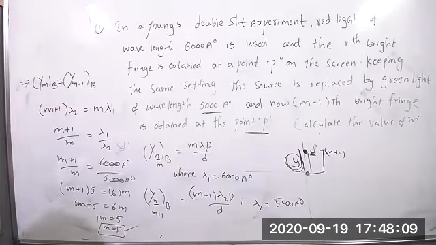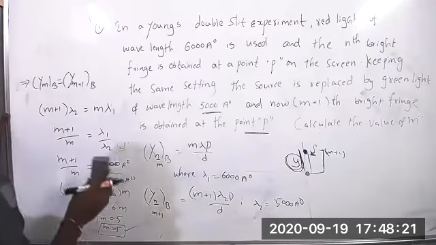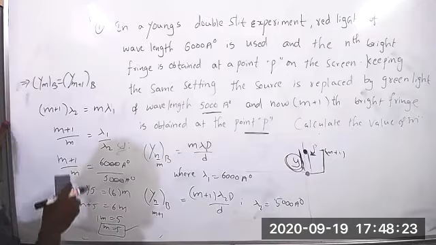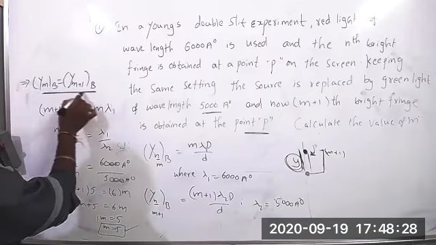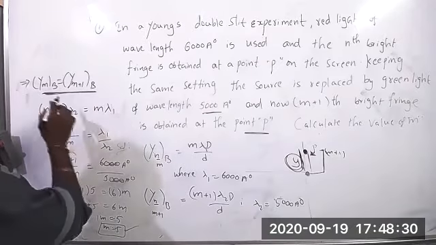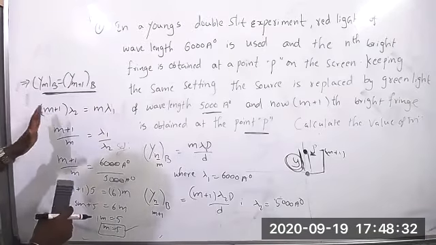Write that. So it is one more type of question: when both bright fringes form at one place, then this is one of the methods to solve.